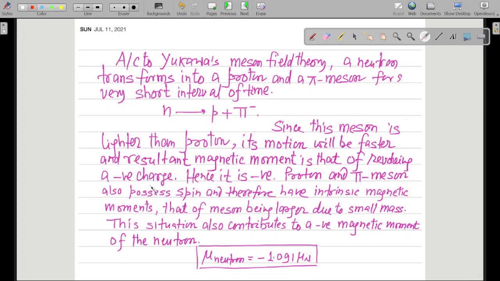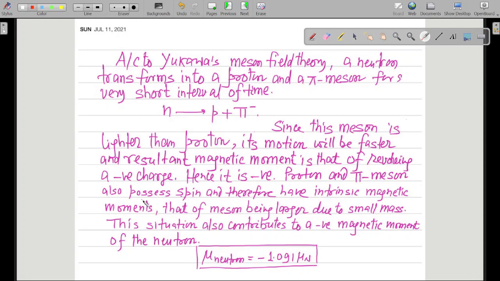So the magnetic moment constituted by this pi minus pion will also be negative. The proton and pi meson also possess a spin. They also have spin and therefore have intrinsic magnetic moments. The resultant magnetic moment will be there, but they will also have intrinsic magnetic moment on account of their own spin.